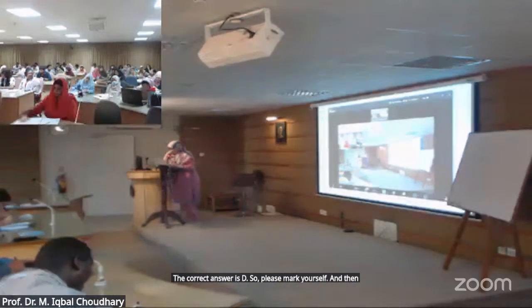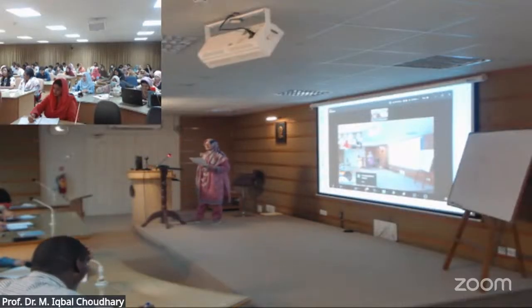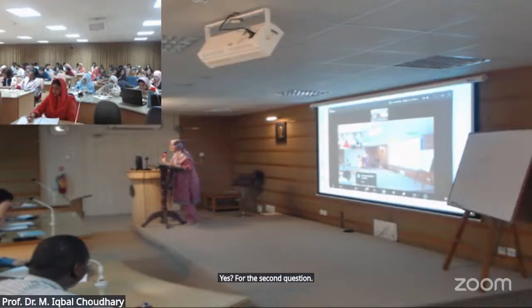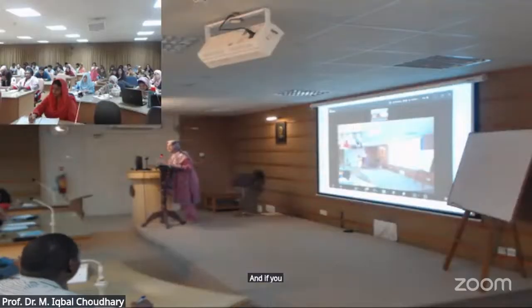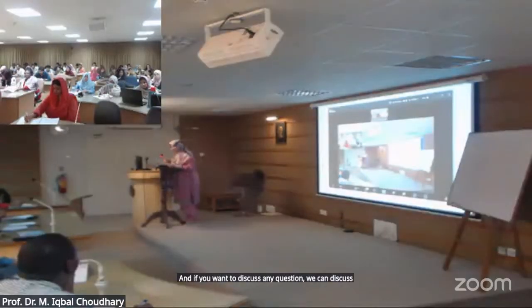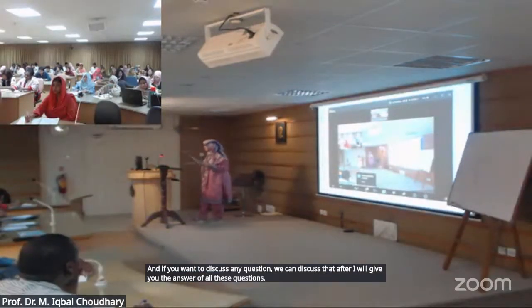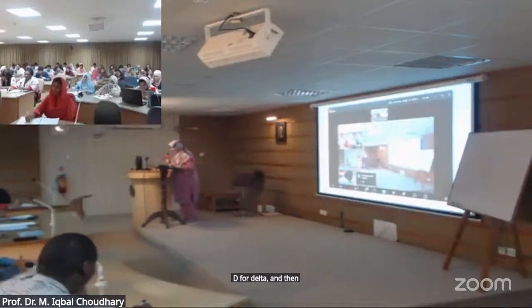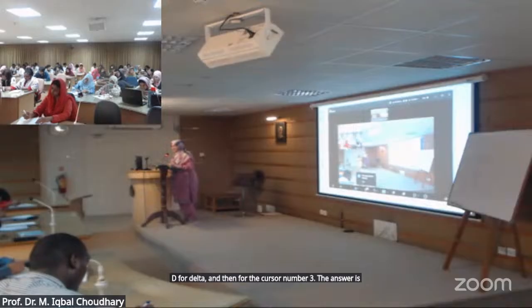And for the second question, the correct answer is D. And if you want to discuss any question, we can discuss that after I give you the answer of all these questions. D for delta, and then for question number 3, the answer is D.